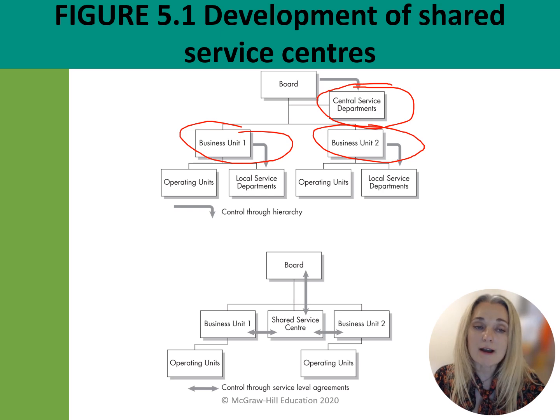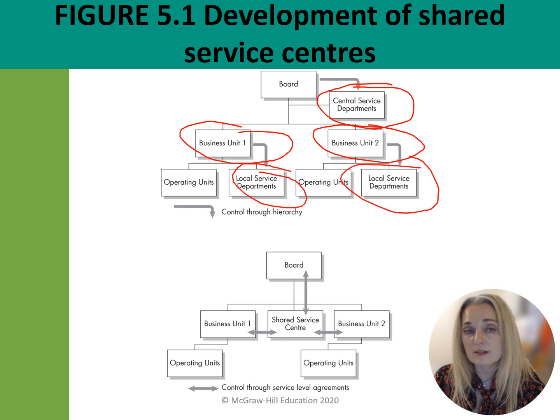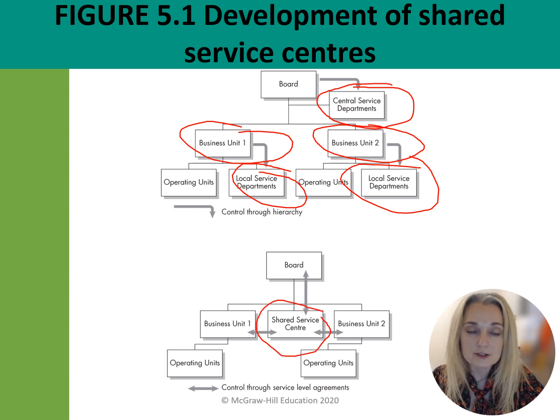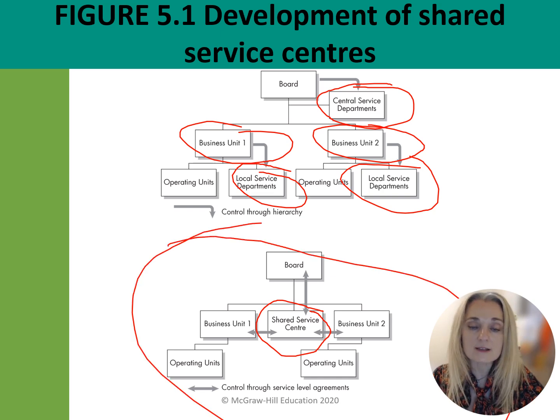And we also have these local service departments that serve the business unit, and the central service department serves the board. In contrast, if we look at the organizational chart below, we see a shared service unit that is shared by the entire organization. So the board uses it as well as the business unit. So you have one central service versus the service department located in different areas.